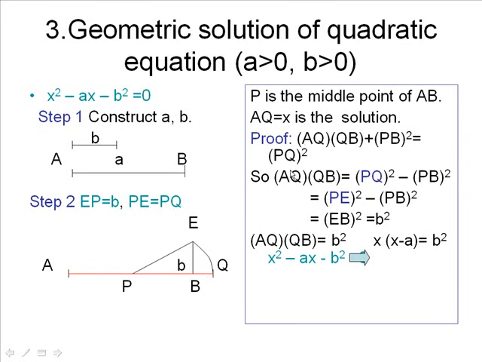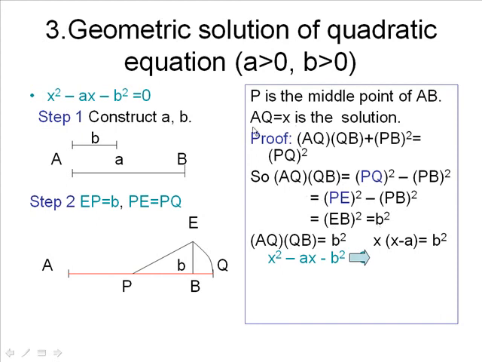Now, on the left side, we're going to subtract PB squared from both sides to move it to the right side. And because PE and PB are both radii, they are equal, so we can replace PQ with PE. And PE is the hypotenuse of this right triangle, so PE squared minus PB squared equals EB squared by the Pythagorean theorem, which is b squared. So we get AQ times QB equals b squared again.